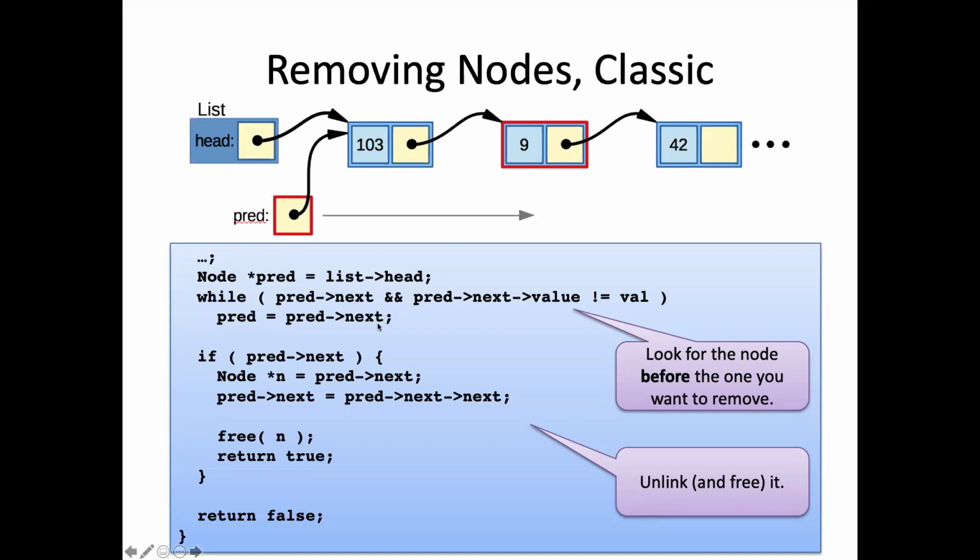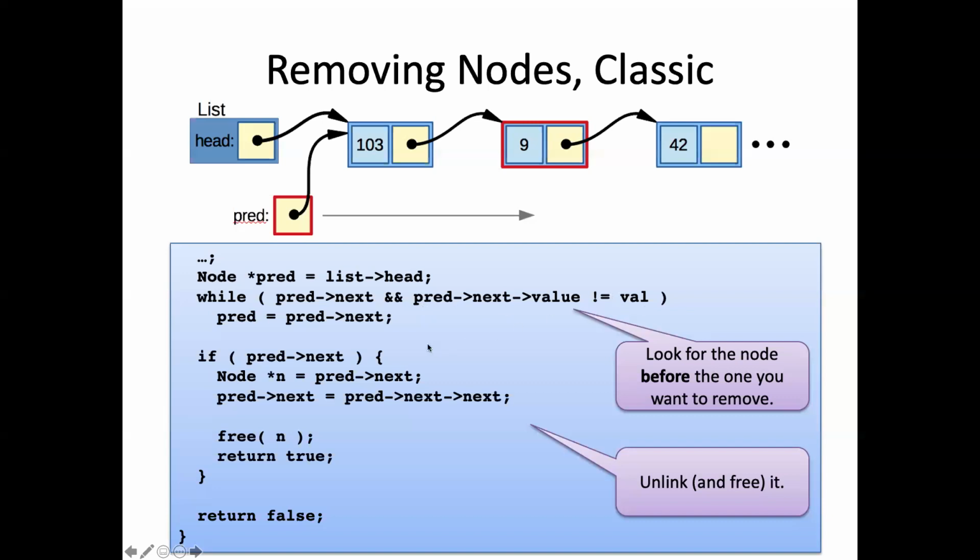And while we're walking down the list, we check to see if we found the predecessor to the node we want to remove. So we first make sure, is there a node that comes after this predecessor? That's what this first condition says: is the next pointer out of the predecessor non-null, meaning it evaluates to true. And is its value different from the value we're looking for?